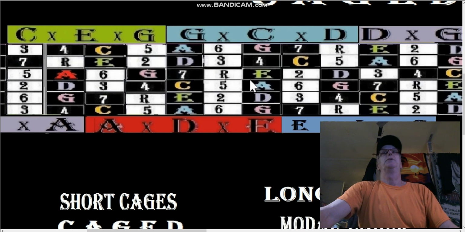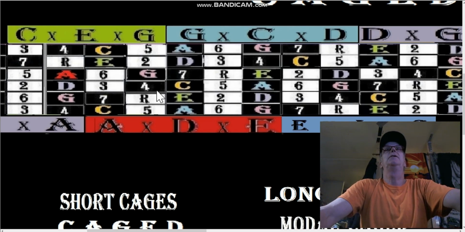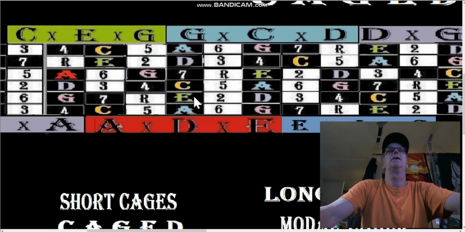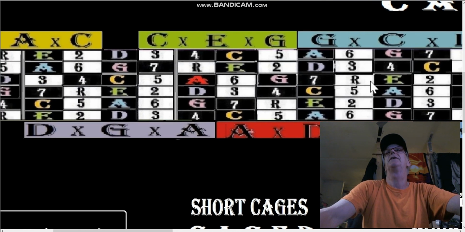So with the short cages here, we have 5, 6, the root. We have its fifth. The fifth of A is E, 7, root, 2. We have a pentatonic advance. A goes to C in a pentatonic scale. Remember, here's our pentatonic scale: A, C, D, E, right? C, D, E. There's a pentatonic scale right there.